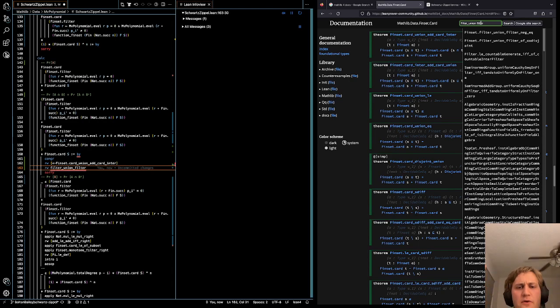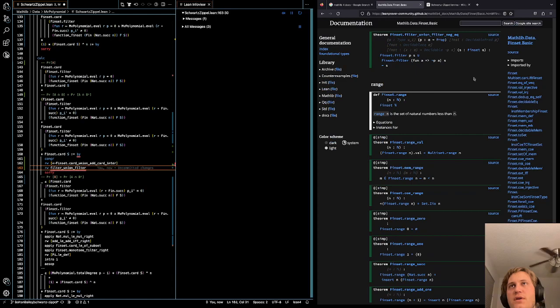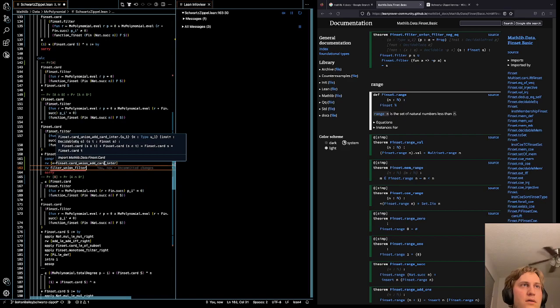Right, okay. What I'm looking for is that the filter of X on P, union with the filter of Y on P, is equal to the filter of X or Y on P. Filter_union_filter. What? Card_union_add_card_inter. Data Finset.